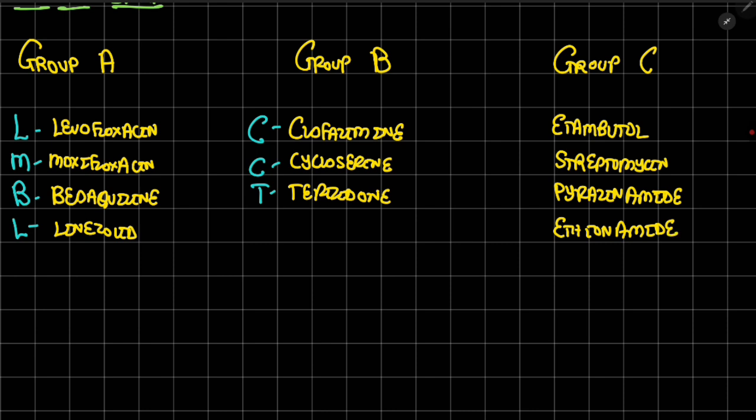Then we have one drug with a very long name, p-aminosalicylic acid. Okay, so these are some of the main drugs which come in the group C drug regimen.